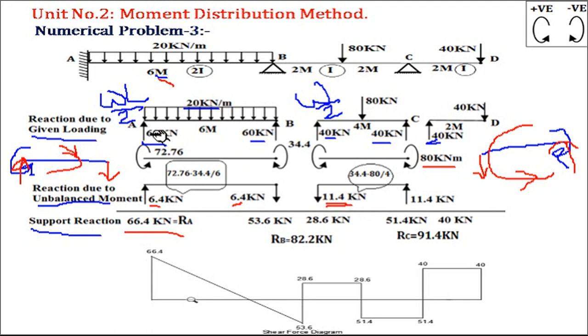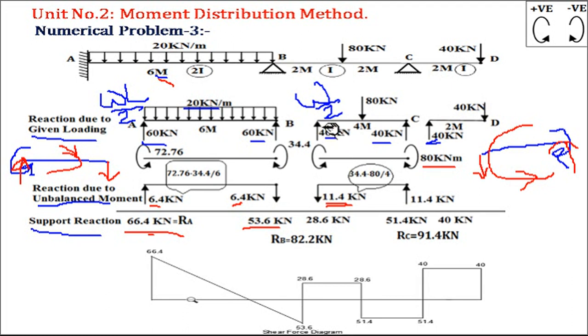Now at support A, the reaction due to the given load is 60 acting upward, and the reaction due to the unbalanced moment is 6.4, it is acting upward. So 60 plus 6.4, it is 66.4 at support A. Now at support B, for member BA, it is 60 acting upward and 6.4 acting downward. So 60 minus 6.4, we get a value 53.6.